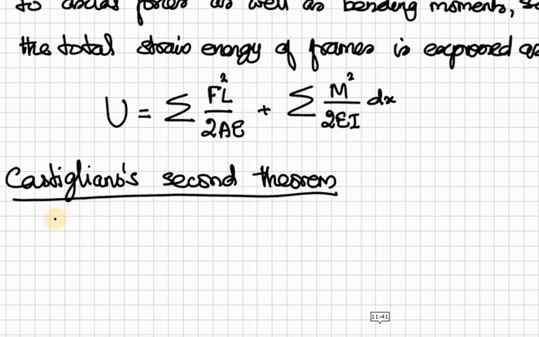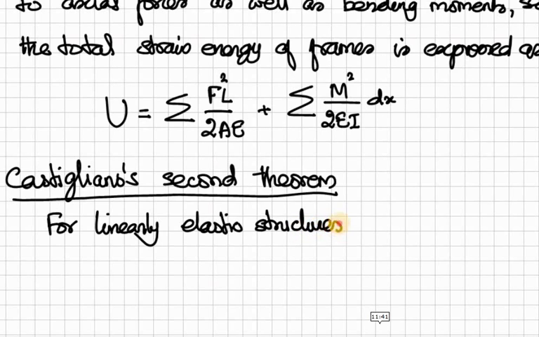Now Castigliano's second theorem. For linearly elastic structures, the partial derivative of strain energy with respect to an applied force or moment is equal to the displacement or rotation of the force or moment along its line of action.